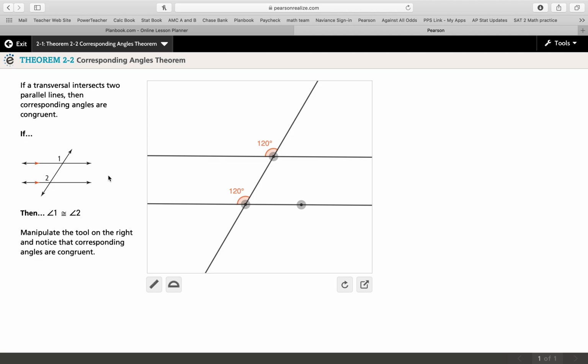Then we have the corresponding angles theorem. If I have two parallel lines cut by a transversal, like I have here, then angle 1 and angle 2, the corresponding angles, are also congruent.